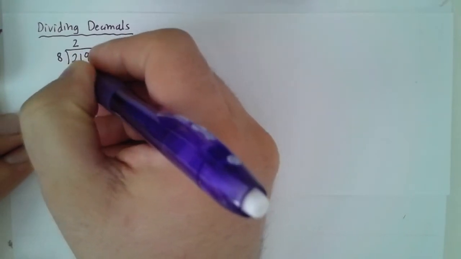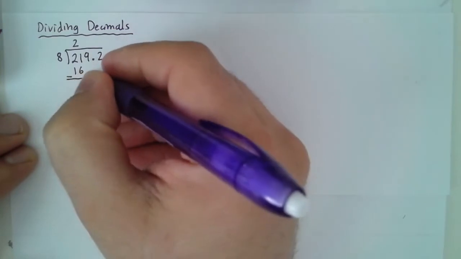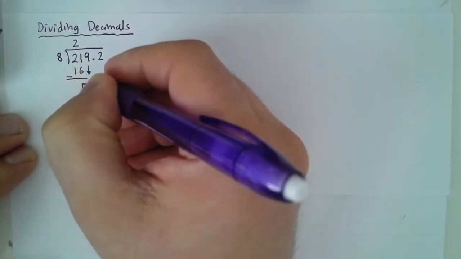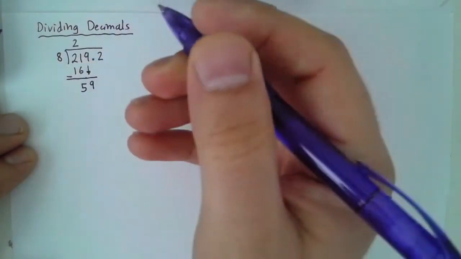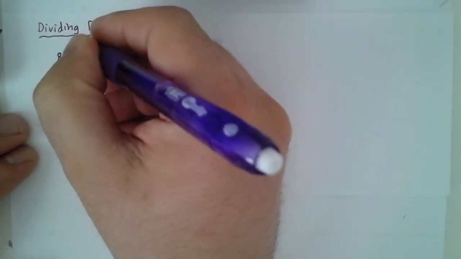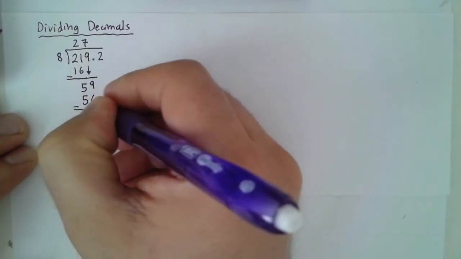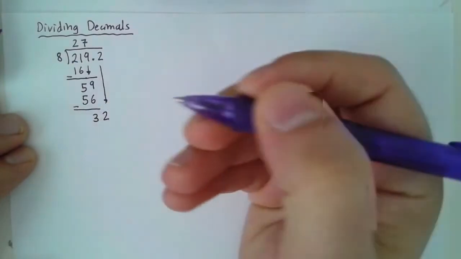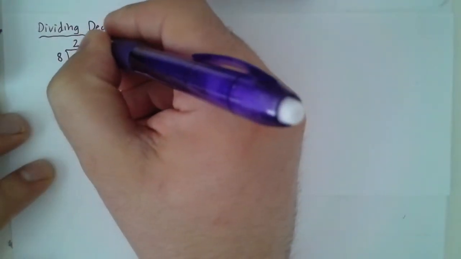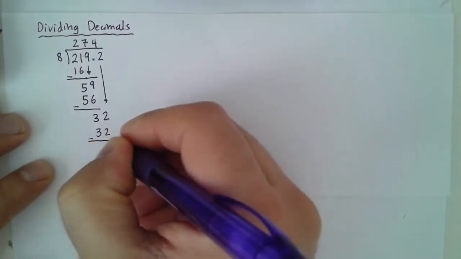Then we subtract, we got 5. Then we just pull 9 down. 59, 8 goes into 59 how many times? 7 times. 7 times 8 is 56. Subtract, we got 3. Then pull this 2 down. 32, 8 goes into 32 4 times. 4 times 8 is 32, and we get no remainder.